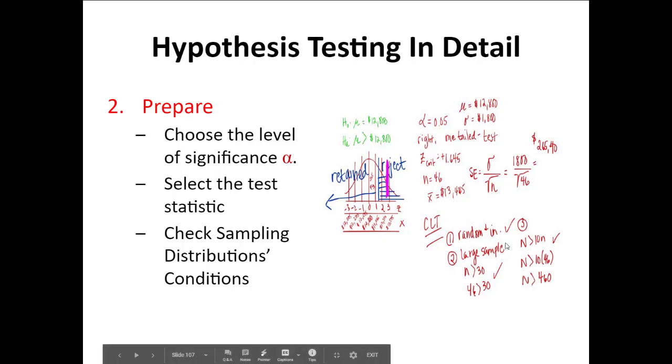So that included selecting the test, finding the ZCrit to match the alpha that they gave us, calculating the standard error, creating a model and marking off the area of rejection and the area of retention, and also checking to see if the conditions of the central limit had been met, because nothing in the scenario told us that the distribution for this variable was normally distributed.